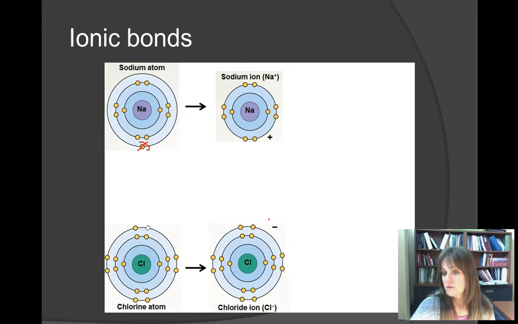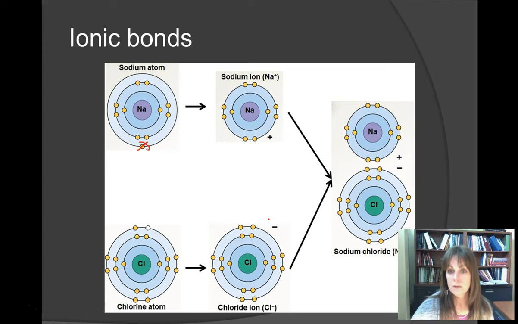If you've ever heard the phrase that in dating, sometimes opposites attract, that is the case with ions. Opposites attract. This positive and negative are attracted, and that causes them to physically come together and form a bond because those charges are attracted to one another.